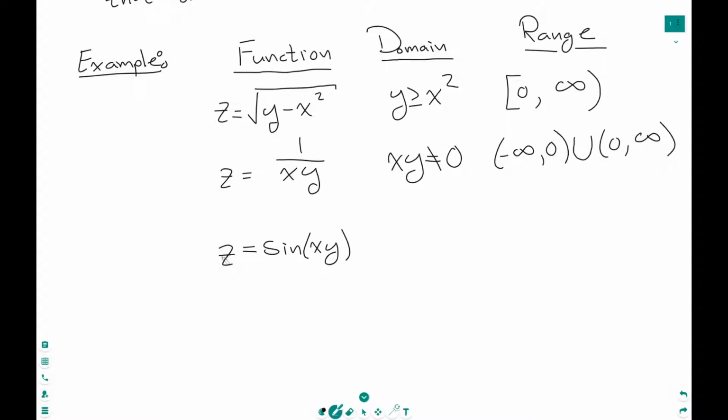So now looking at our third function here, I have sine of x times y, right? So I'm looking at this and I think about what kind of values are prohibited in the sine function. None that I can think of for real values.